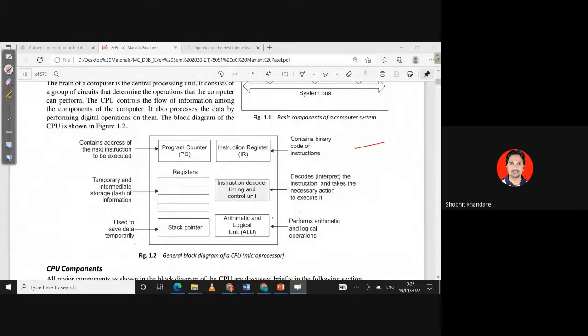Suppose instructions are written, again the same five instructions. These instructions will be encoded into binary code. This is called encoding. This encoding is done beforehand, and that encoded binary code will be stored in the ROM.